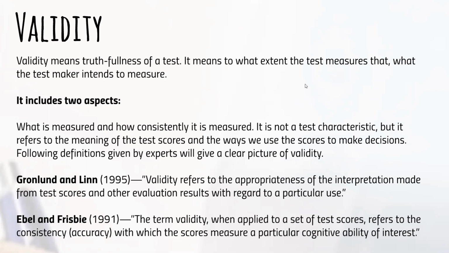Then, if we move towards Abel 1991's definition, the term validity, when applied to a set of test scores, refers to the consistency with which the score measures a particular cognitive ability of interest.